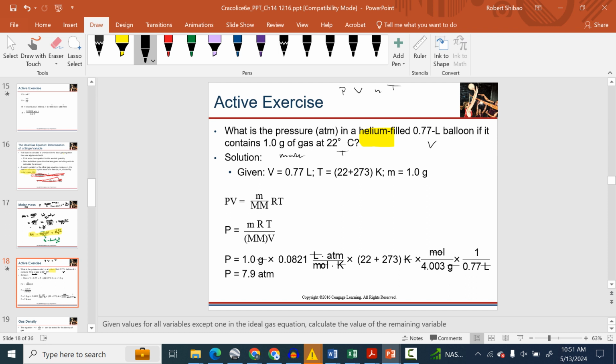What they want us to determine is the pressure. In order to determine the pressure, I need the volume, which I have. I need the temperature, which I have, but I don't have the amount. But they're telling us it's a helium-filled balloon. And so if we know it's helium, then I know the molar mass of helium.